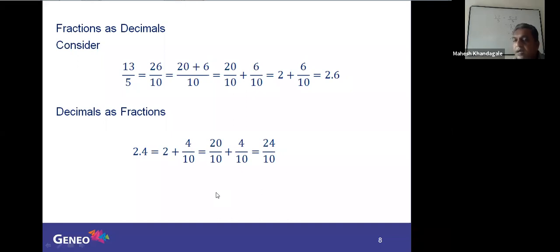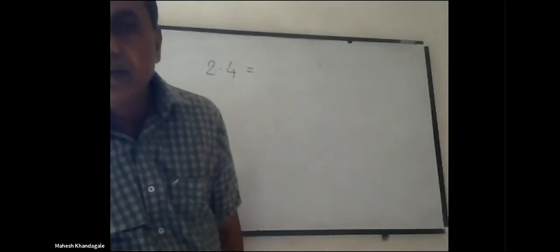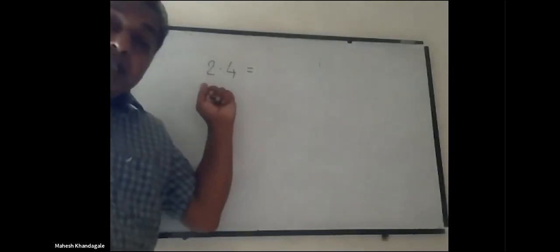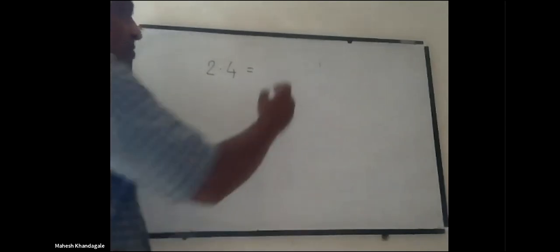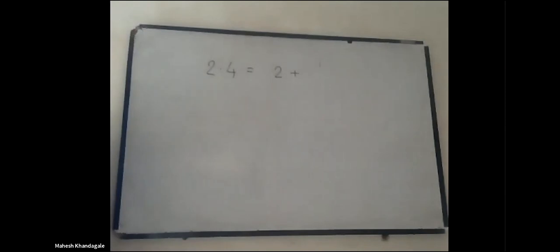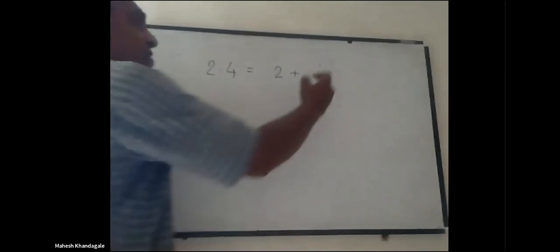All right. And similarly, in the reverse way, you can convert a decimal fraction to a fraction. For example, here 2.4 is given on your screen. I'll show it on the board. So 2.4, we can write it as 2 in the units place, so 2 plus 4 tenths.